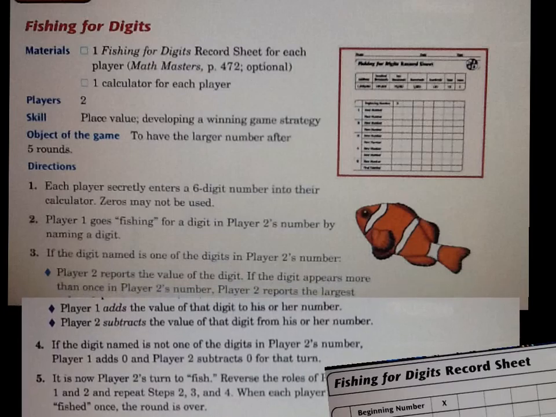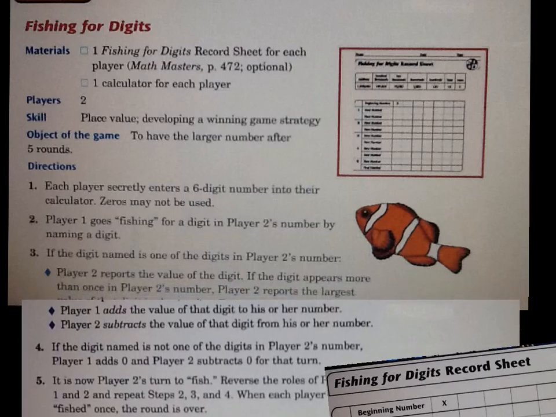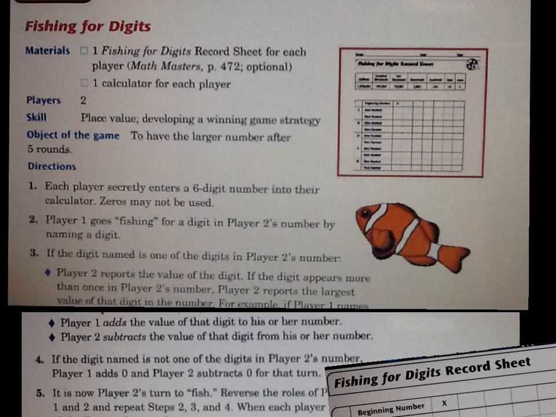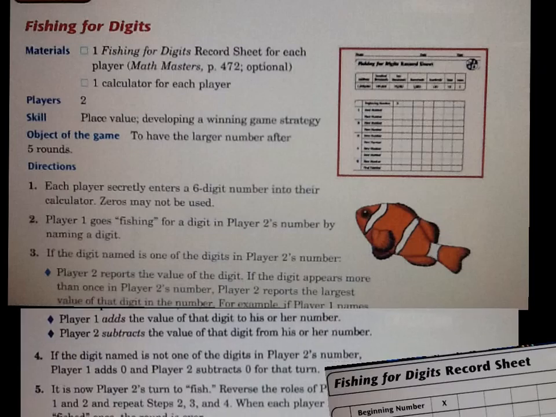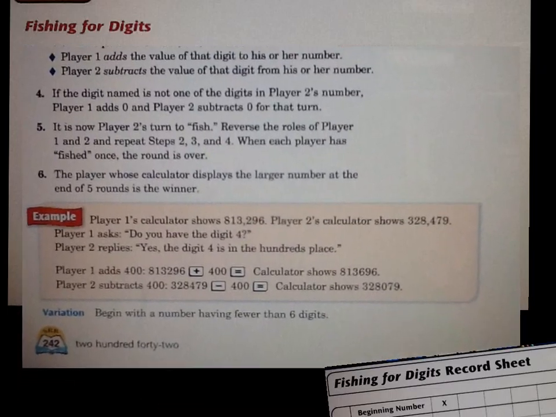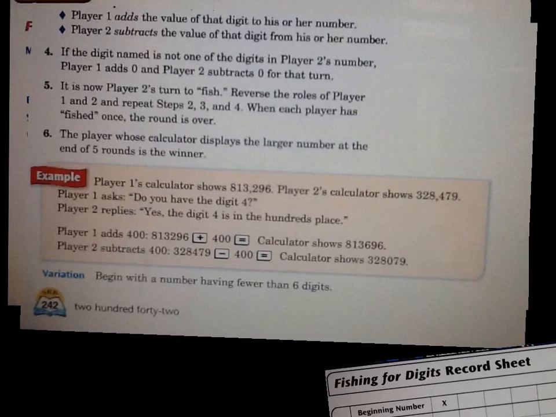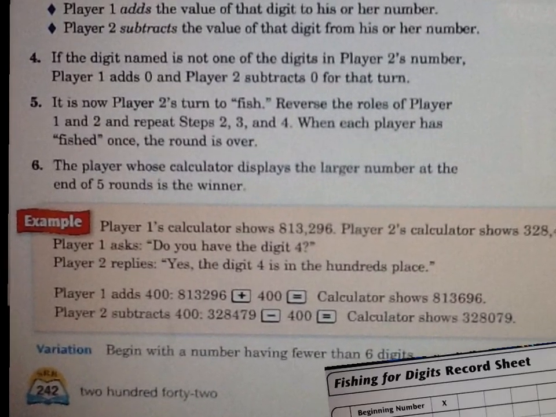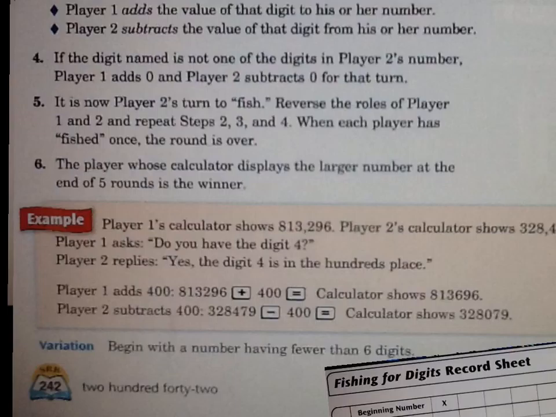If the digit appears more than once in player 2's number, player 2 reports the largest value of the digit in the number. Player 1 adds the value of that digit to his or her number, and player 2 subtracts the value of the digit from his or her number. If the digit named is not one of the digits in player 2's number, player 1 adds 0, and player 2 subtracts 0 for that turn.